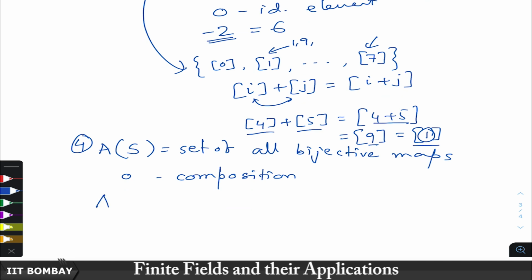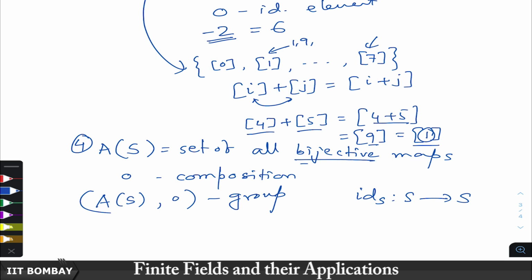Okay. Now, this is also a group, A of S under composition is a group. So, first of all it is clear that if you compose two bijective maps, you will get another bijective map. And what is the identity element? The identity element is the identity map of S, ID of S. So, it is a map of S to S and it is clearly a bijective map.